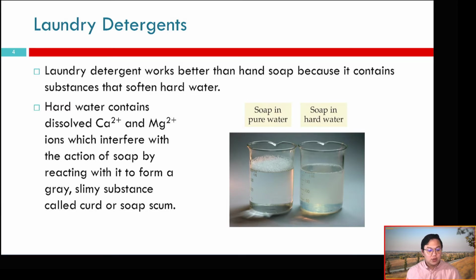They react with the soap, and they form this gray, slimy, scuzzy substance called curd or soap scum. So when you put soap in pure water, you can see here we have soap in pure water. It looks really clear, but then you've got this gray, gross-looking color for the soap in hard water.